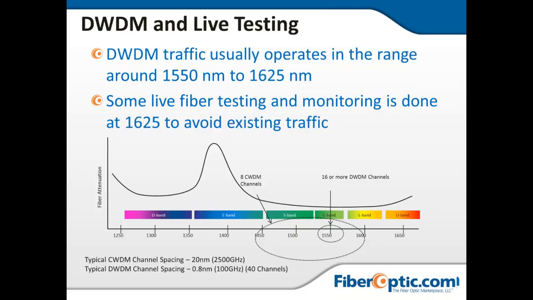To get that appropriate spacing, the typical DWDM spacing, as you see here, is 0.8 nanometer, which is what we can get to for our 40 channel 100 gigahertz modulation. That's incredibly advantageous when you have companies that are trying to put something like 16 terabits of data over one singular fiber.